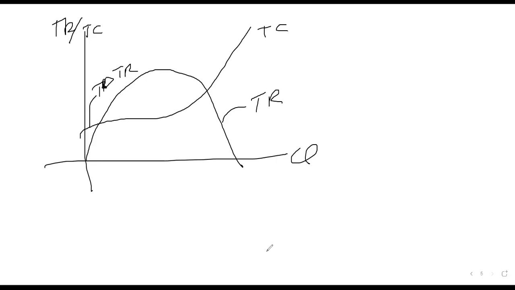We're making a loss. So we have a loss here and a loss here. At the point where total revenue and total cost meet, it's called the break-even point. So maybe you have 2 and 5. You can advise the firm to produce between 2 and 5 units, because this way you're going to make a profit. Profit only exists when your total revenue exceeds your total cost. At this point A and B, we call this a break-even point.